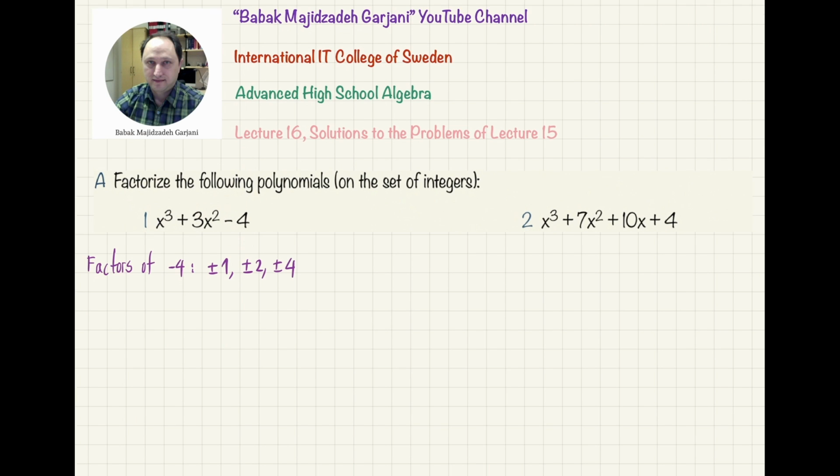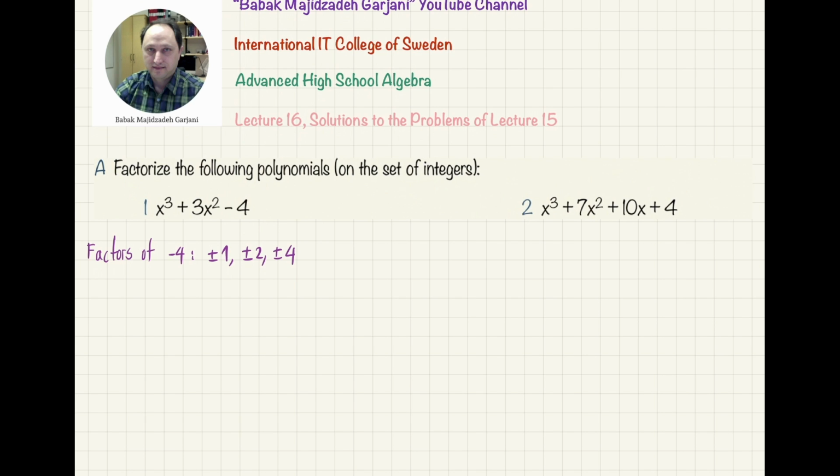And then I am very lucky because the first one will work, because if I put x equal to 1, then if I call this polynomial p of x, then p of 1 becomes equal to 1 plus 3 minus 4, which is indeed 0.